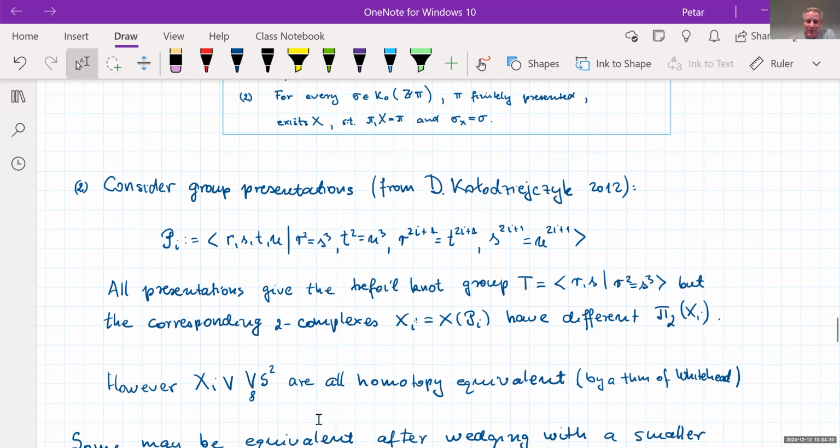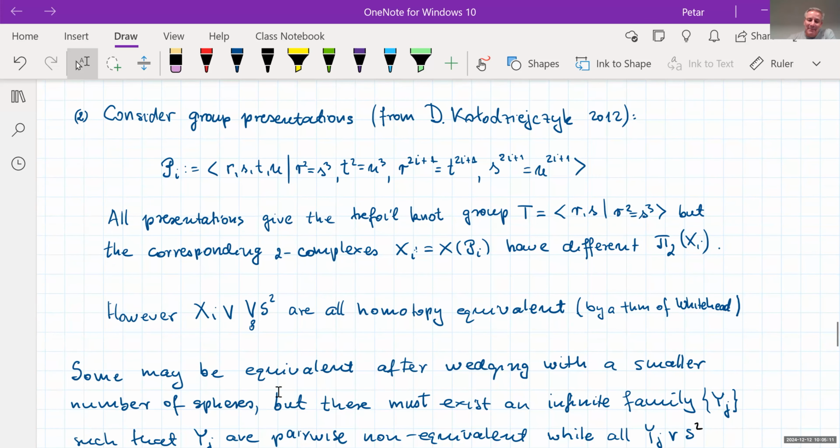But when you wedge them with 8 spheres, all of them become homotopy equivalent. That's a classification theorem by J.C. Whitehead from the 60s, I think. Now, this is very interesting. You have this infinite family of spaces. You add one sphere and a second sphere, and some of them become homotopy equivalent after a while, but all of them become homotopy equivalent when you add 8 or more spheres.